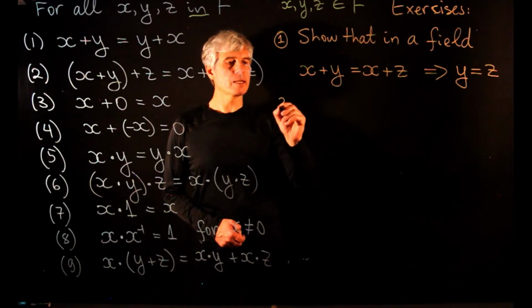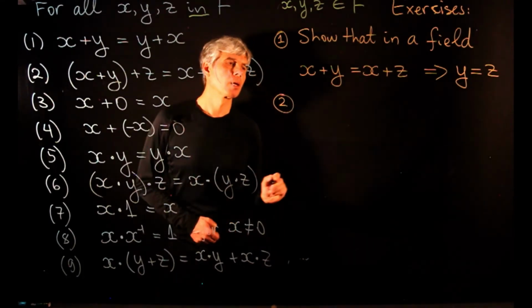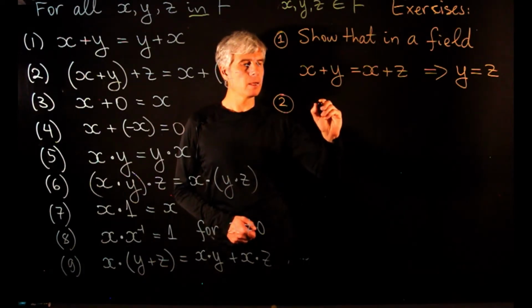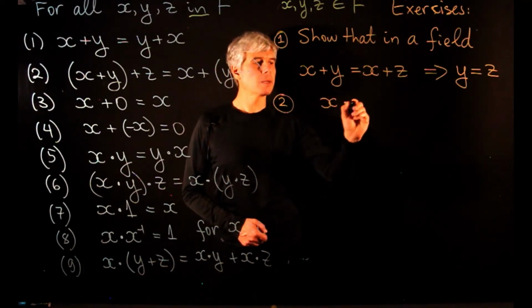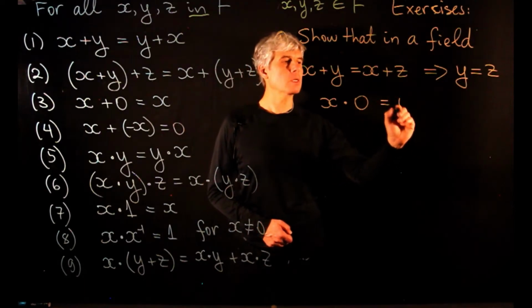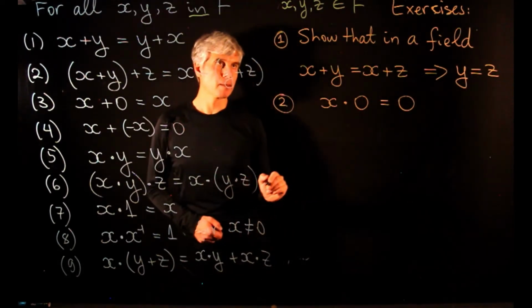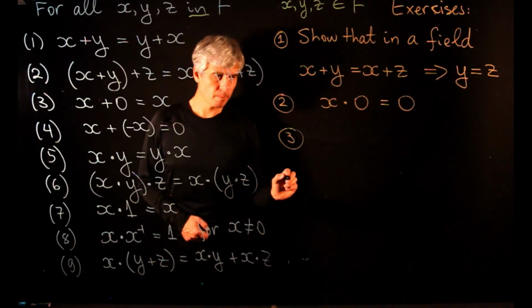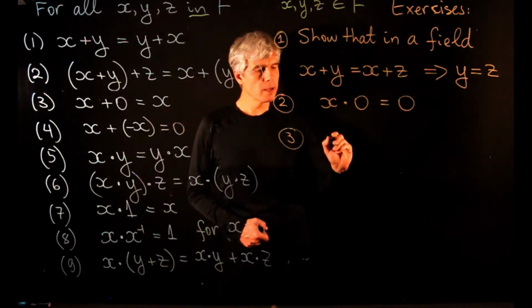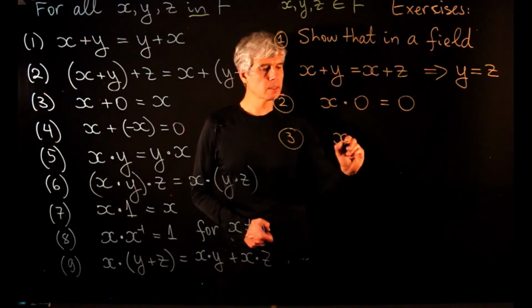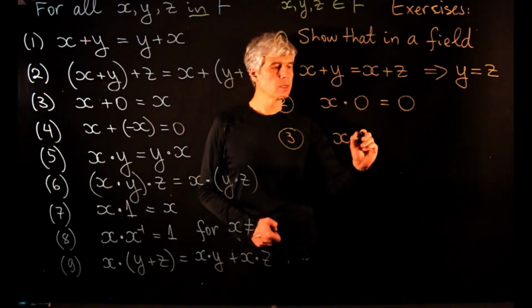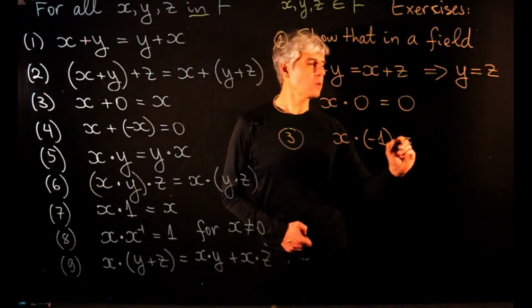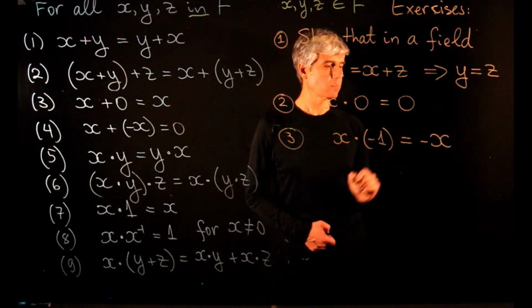So the second exercise, show that x times 0 is equal to 0. So the third exercise, show that x times -1 is equal to -x.